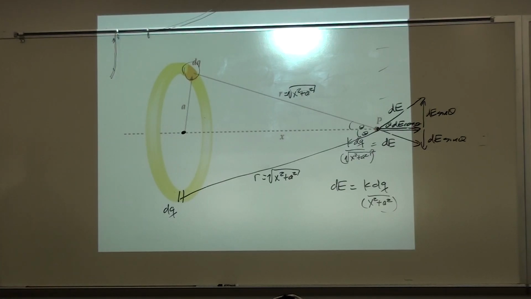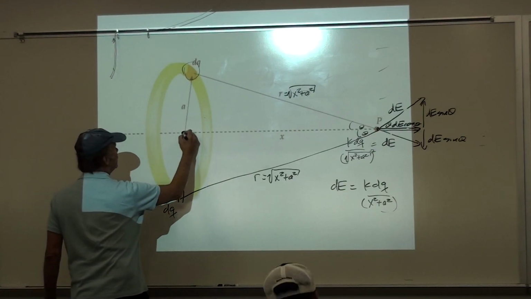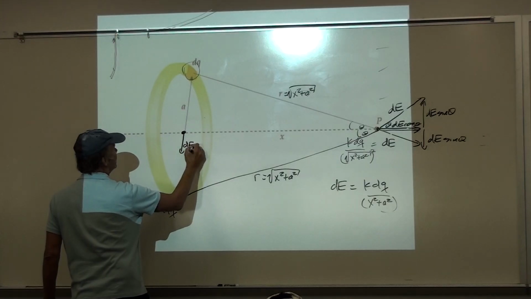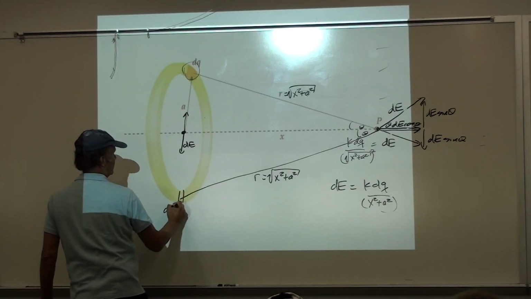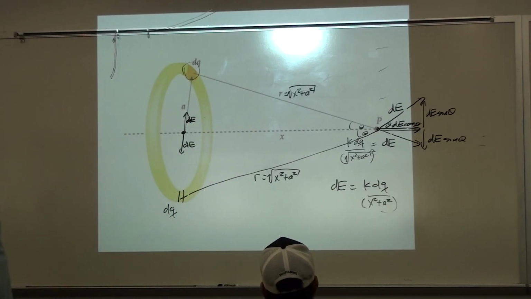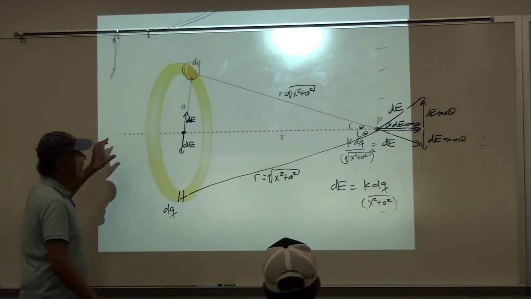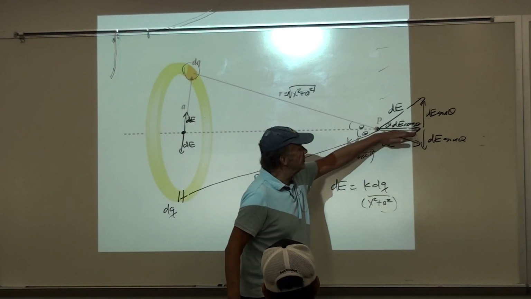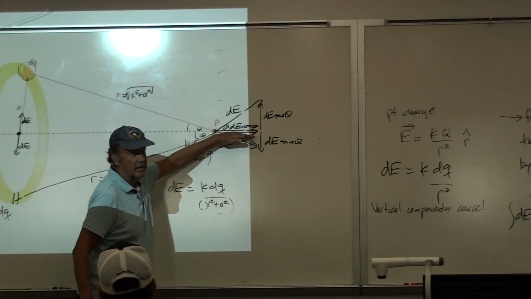Good. Because at the center, the electric field will point straight away from this one and straight away from this one. So the whole thing is just the vertical component. So it completely cancels if you're at the midpoint. But as you get farther and farther out, you get more of a surviving dE cosine theta component.